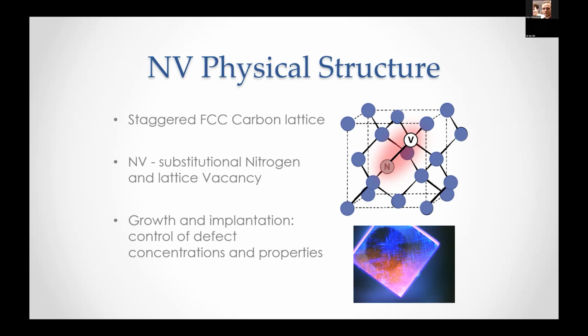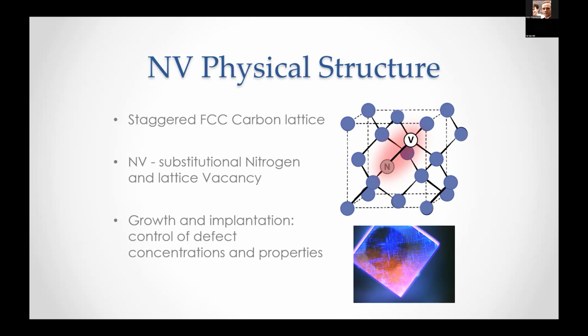But 1% naturally of these carbon atoms are carbon-13 isotopes that have a nuclear spin, and therefore they can couple to our NV, not necessarily in a good way. So people also know how to grow carbon-12 enriched diamond these days, up to like 5 nines of carbon-12, in such a way that would significantly suppress any potential effects of these C13 isotopes.